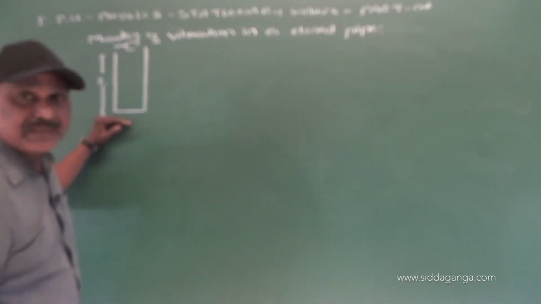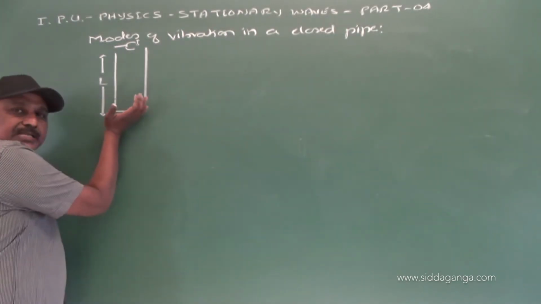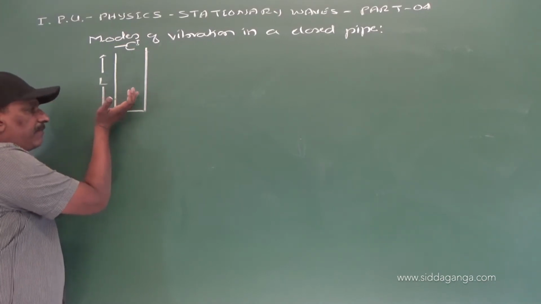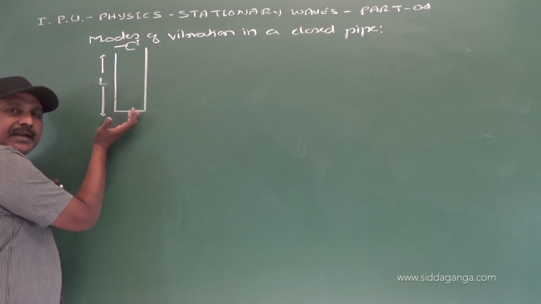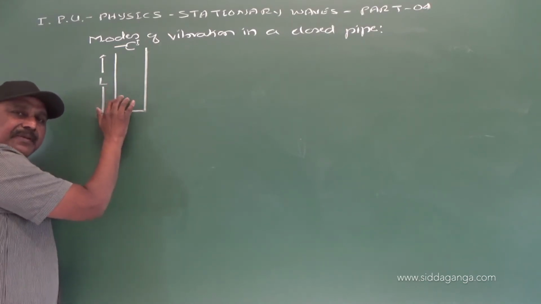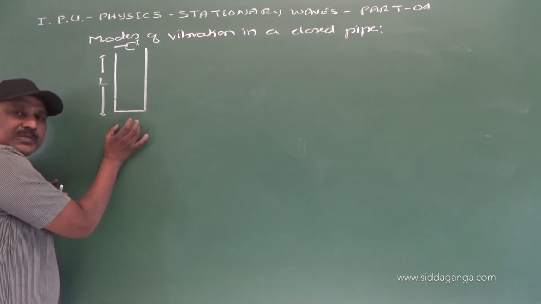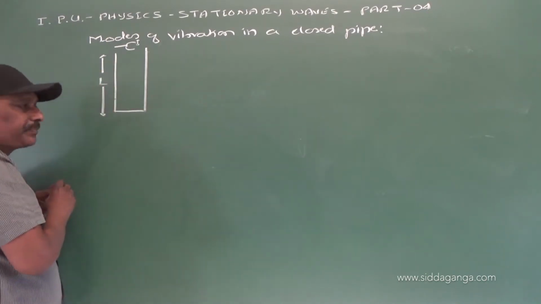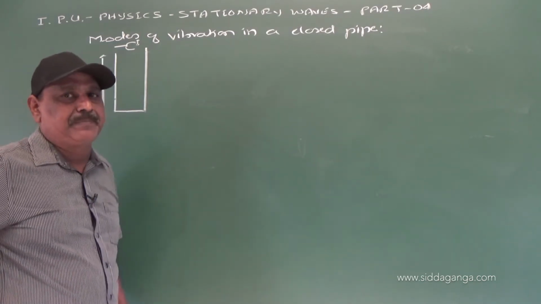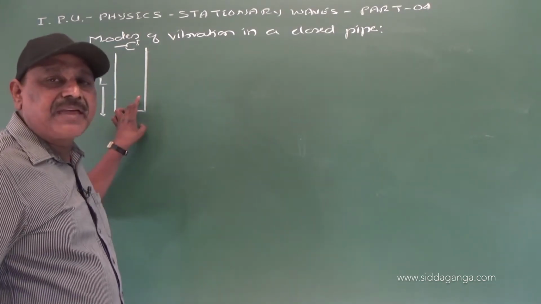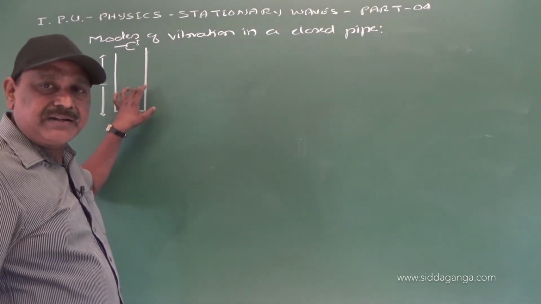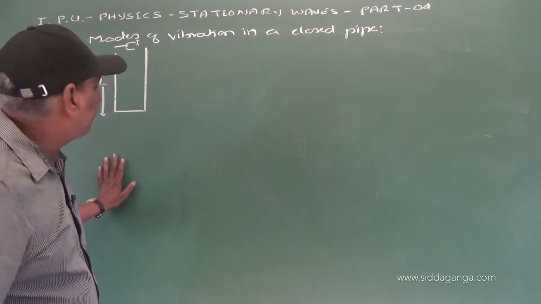But here, since the reflection is due to an obstacle, if a compression is incident at the closed end, it reflects as a rarefaction, or if a rarefaction is incident, it reflects as a compression. Therefore, in case of a closed pipe, there is a phase difference of pi between the incident wave and reflected wave.